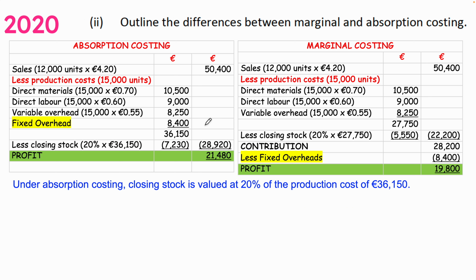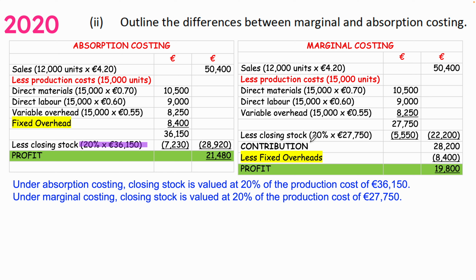Under absorption costing, closing stock is valued at 20% of the production cost of 36,150. Under marginal costing, closing stock is valued at 20% of the production cost of 27,750.